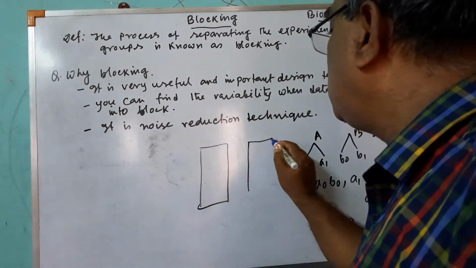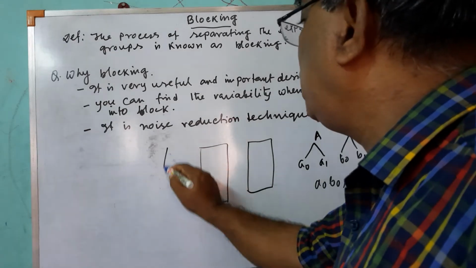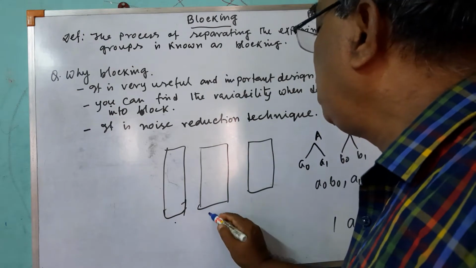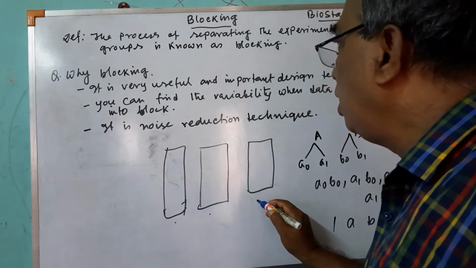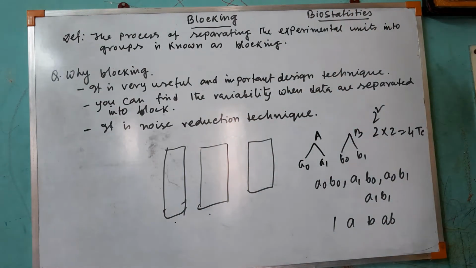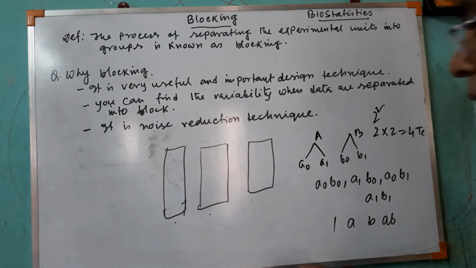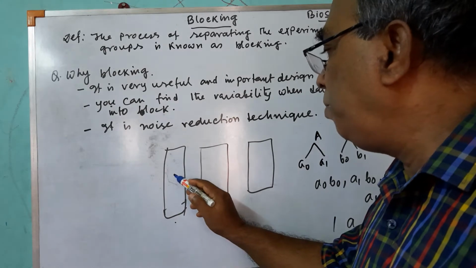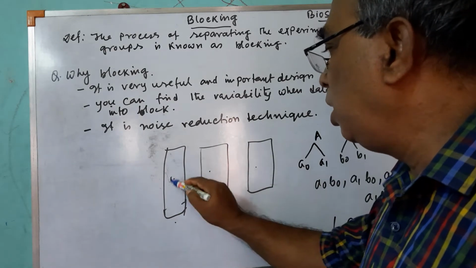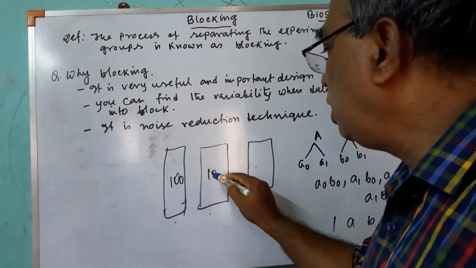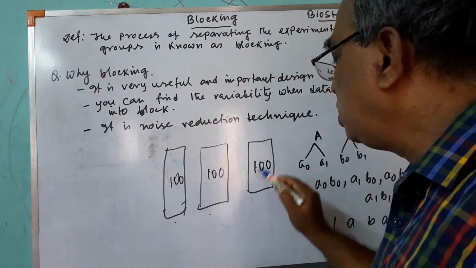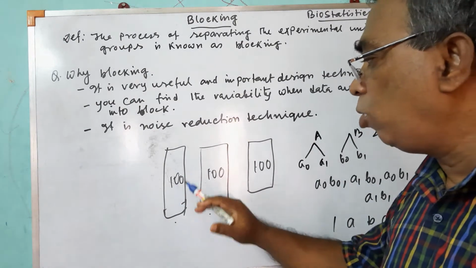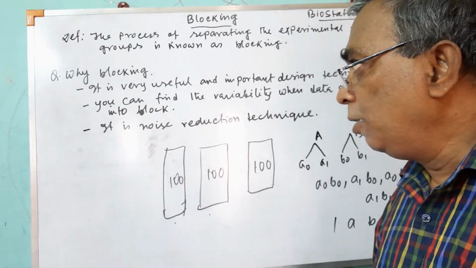You have to arrange these into blocks: 100 analgesic tablets, 100 antibiotic tablets and 100 antipyretic tablets. You have these three groups. This is the block. You have to arrange these 300 tablets into 3 blocks, each separated.